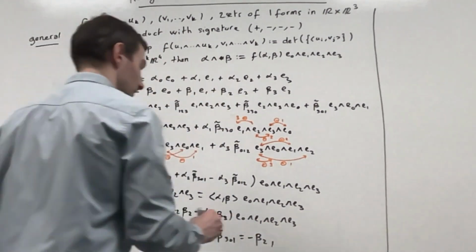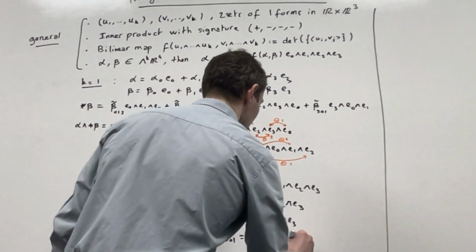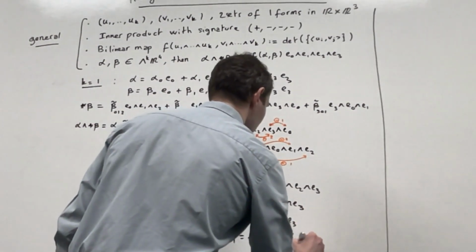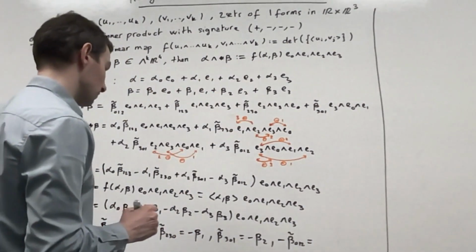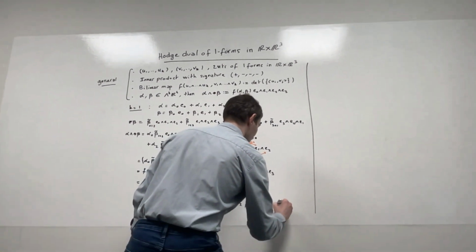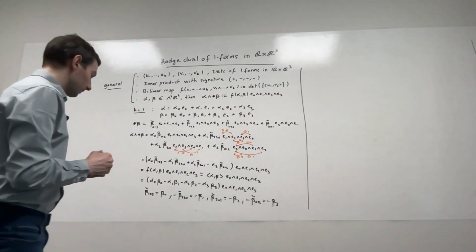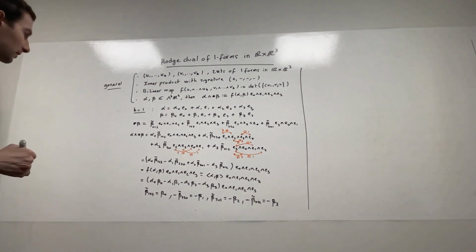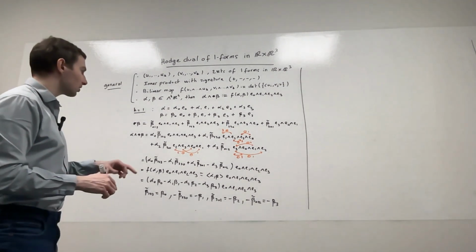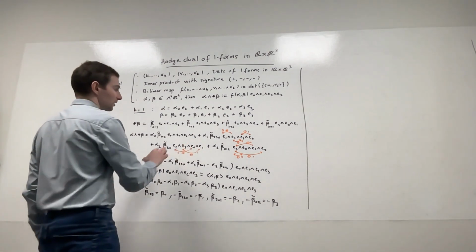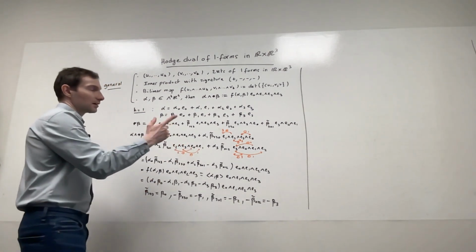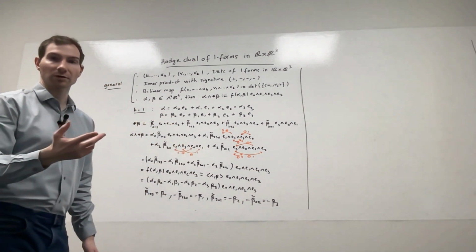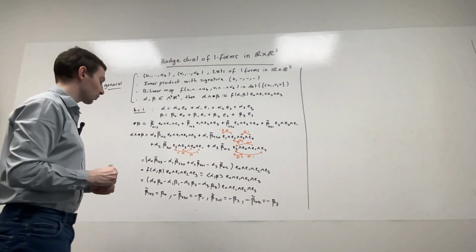And then we have finally that minus beta tilde 0, 1, 2 is equal to minus beta 3. Okay, so it's kind of a weird mix because of the different permutation relations you have here. Then you don't necessarily always get the same quantities.